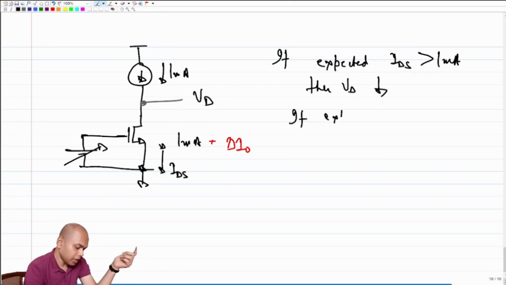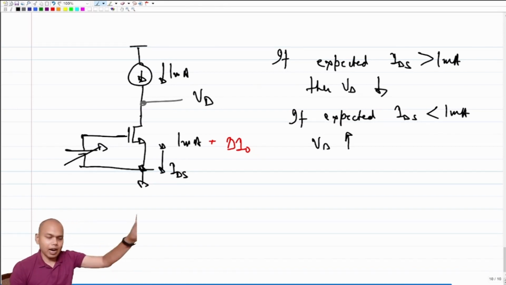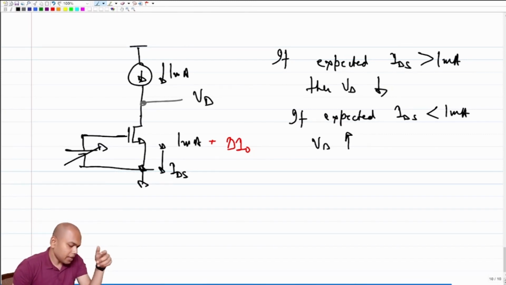Similarly, if expected IDS is less than 1 milliamp, VD will increase, and something bad might happen to the current source. Let's not get into that, right? So let's say we take the first case where VD is decreasing.